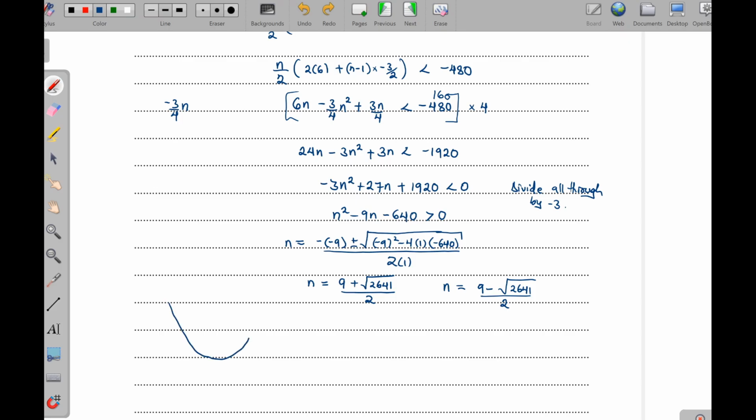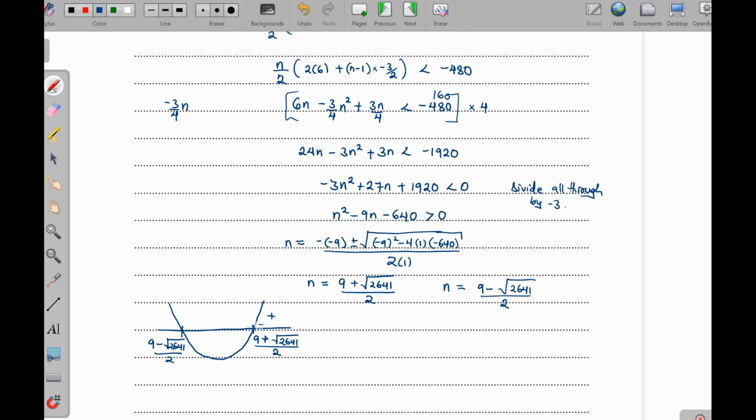Now, since the coefficient of n squared is 1, this gives us a U-shaped curve, and the two critical values are these. The smaller is 9 minus the square root of 2641 over 2, and the bigger is 9 plus the square root of 2641 over 2.